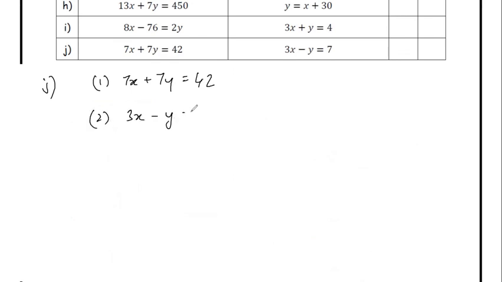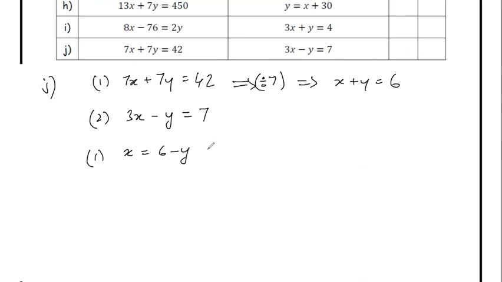So j looks difficult, but it's actually easy because if I divide 7 throughout, then I end up getting x plus y is equal to 6. So now I can make x the subject of the equation and then substitute it in the second equation.